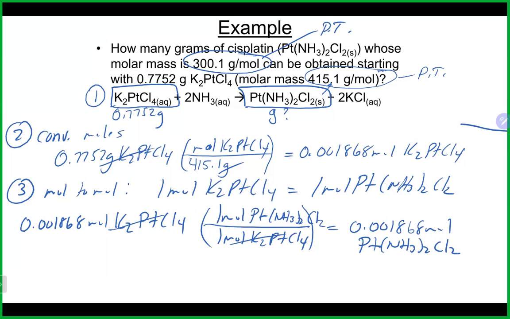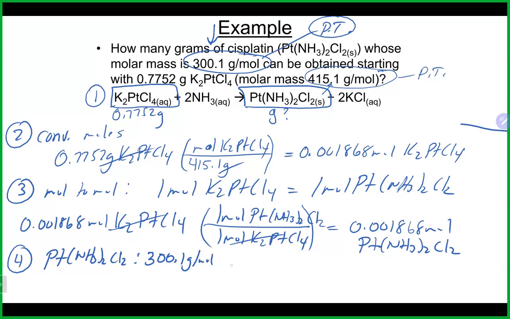Again, we are interested in the grams. So we do need the molar mass of that, which they were, again, also nice enough to provide for us. Otherwise, again, you would have to go to the periodic table to do so. So step number 4, we're going to use our Pt(NH3)2Cl2, which has a molar mass from the periodic table of 300.1.